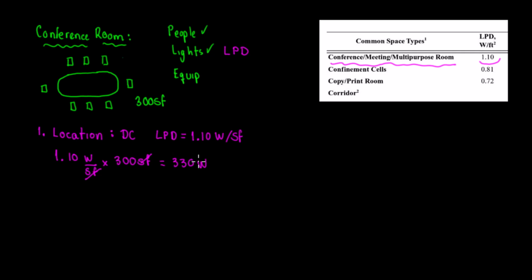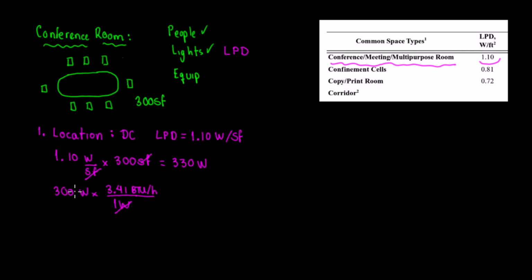330 watts. All right, okay, but at the same time you want to find out this in BTUs per hour, right? So technically you have 330 watts times, okay, 1 watt, 3.41 BTUs per hour.